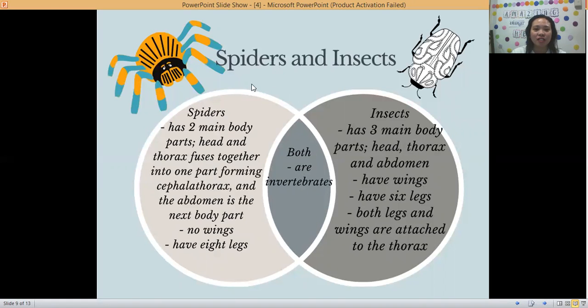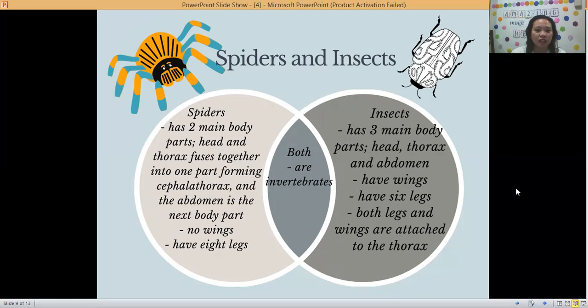Next, let's proceed to spiders and insects. Spiders have two main body parts: the head and thorax combined together, and the abdomen. While insects have three main parts: the head, the thorax, and the abdomen.